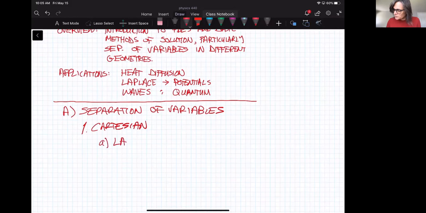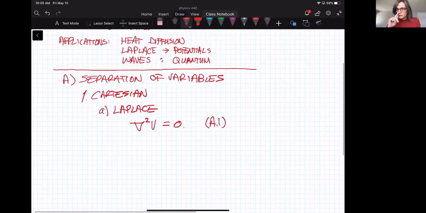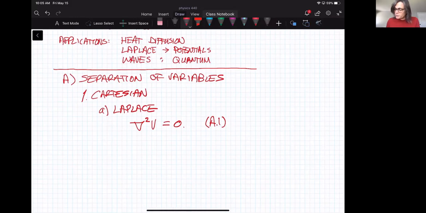We could start with the obvious starting place, which would be the Laplace equation, namely del squared V is equal to 0. The idea for separation of variables is to assume a solution that can be broken apart into the different dependent variables for the problem.